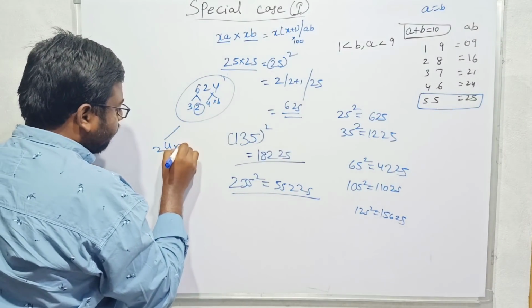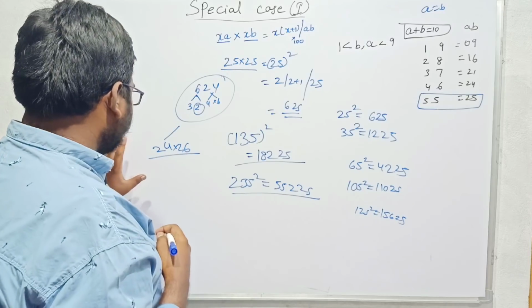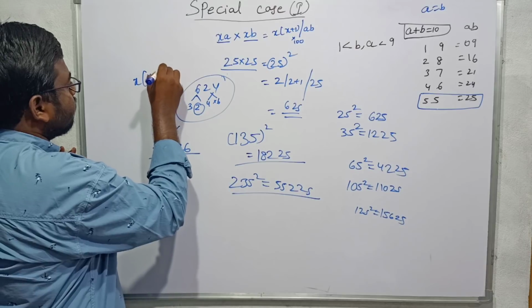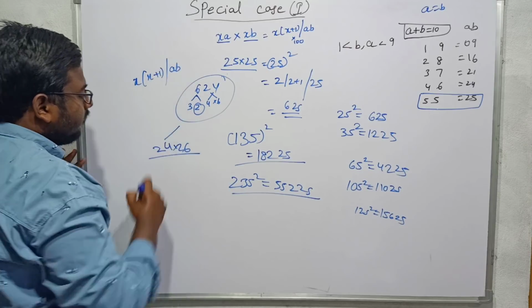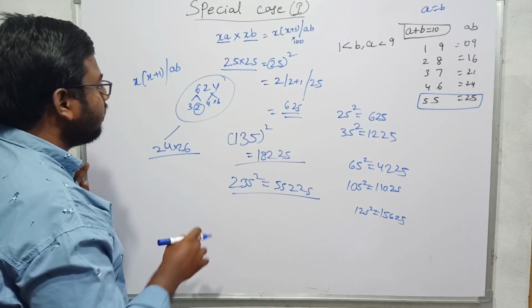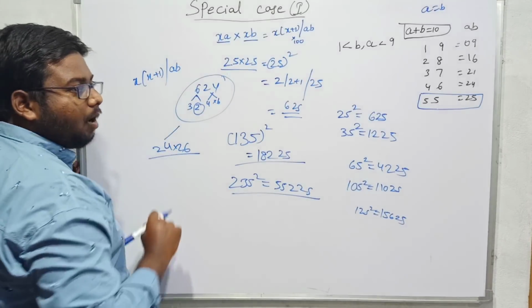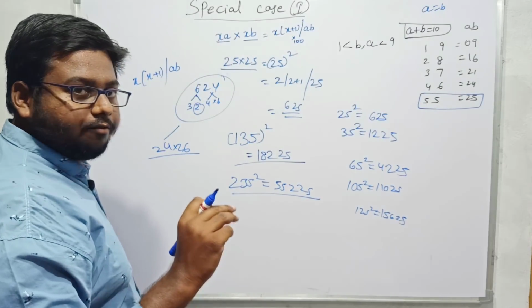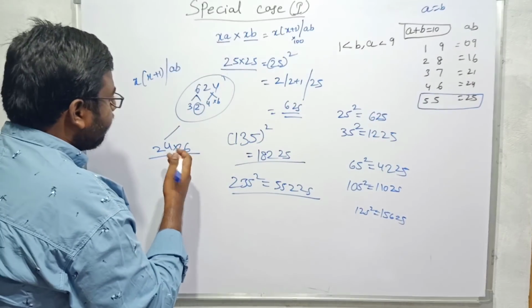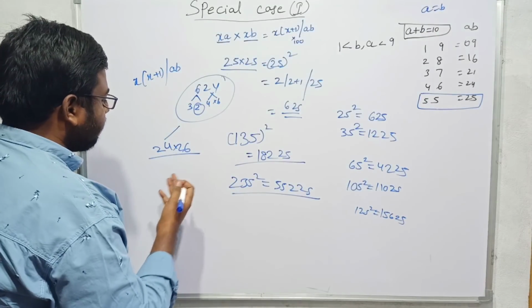So 24 into 26. So if this is in the form of x into x plus 1 besides AB, this form can be written into the product of two numbers. For example, that means this is a composite number. Composite number means a number having factors more than 2. It can be written into product of two numbers.